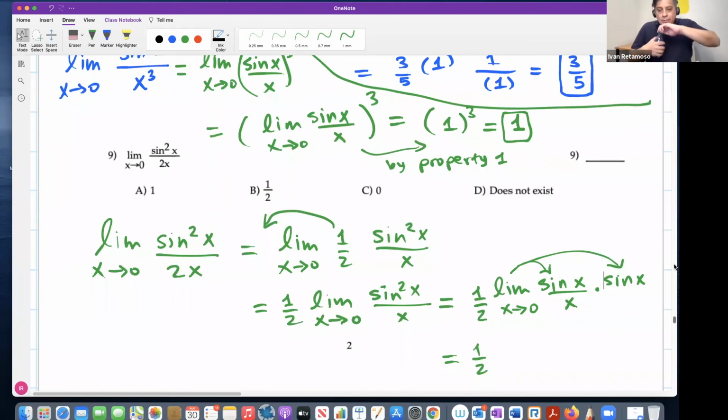It was close what you said, but it's a little adjustment there. Distribute the limit, and then I think that will be it.